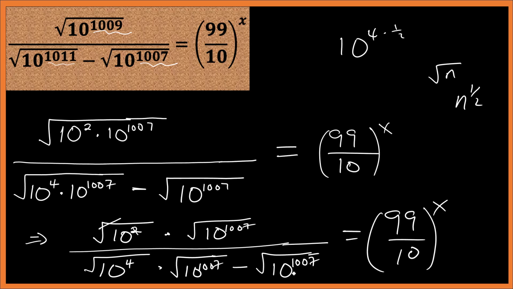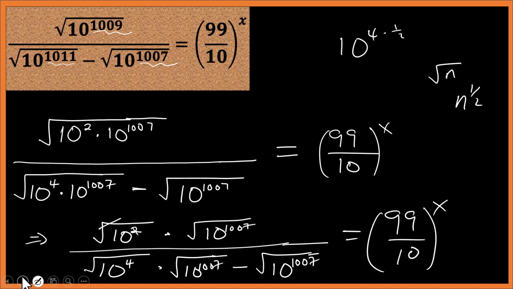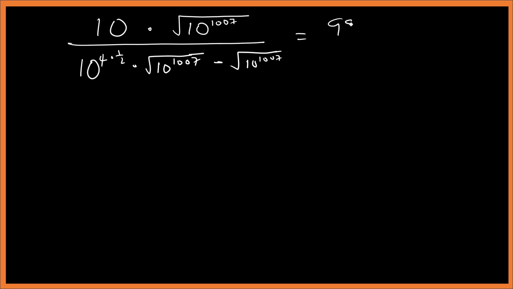Times square root of 10 raised to 1007, minus square root of 10 raised to 1007, equals 99 on 10 raised to x. Let's confirm.